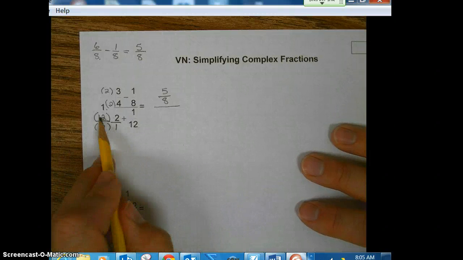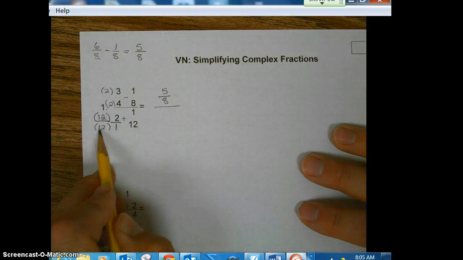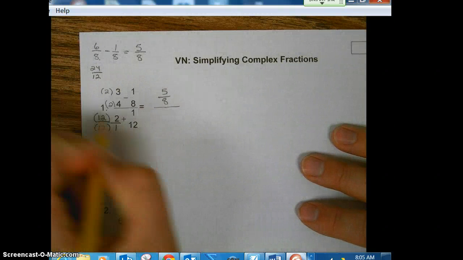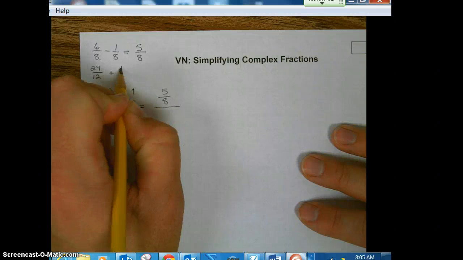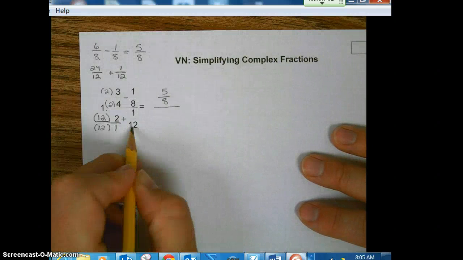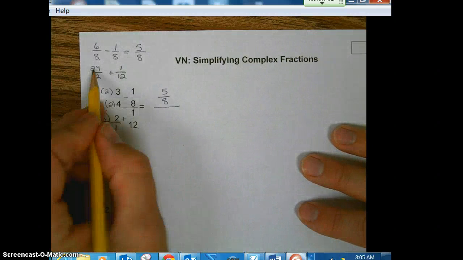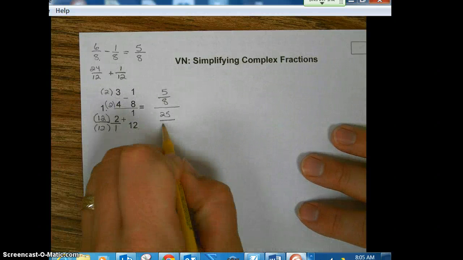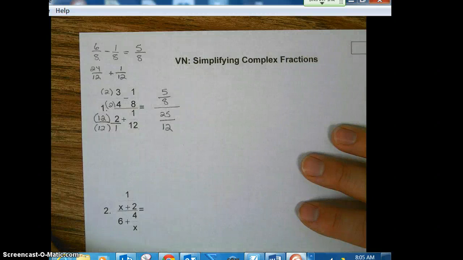So we're going to get 24/12 plus 1/12. 24 plus 1 is 25, and the denominator stays the same, 12.